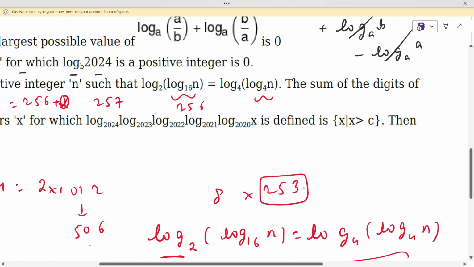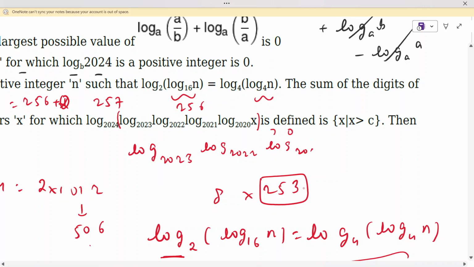Now in this question, it says it is defined for x greater than c, then c is this one. So for this to be defined, this should be positive overall, right? So when this is positive, 2024 will go to the right hand side. So log 2023, log 2022, similarly log 2021, and log 2020.